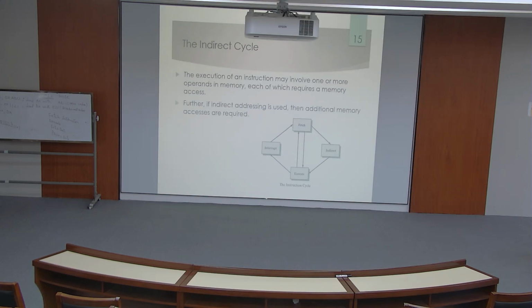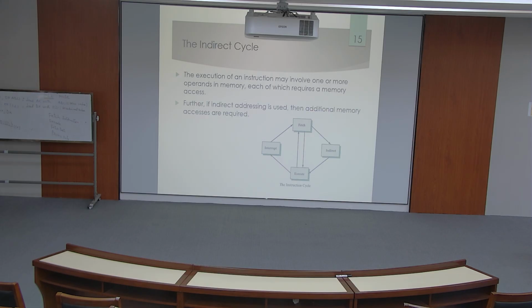So let's talk about the indirect cycle. The execution of an instruction may involve one or more operands in the memory, each of which requires a memory access. We have seen that each instruction works on data, so the microprocessor needs to get access to the memory.